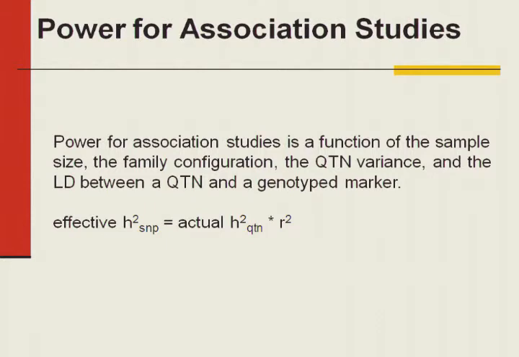So GWAS panels were optimized to maximize that R-squared between what's on the panel and common variance. The R-squared between what's on the panel and less common variance is worse.